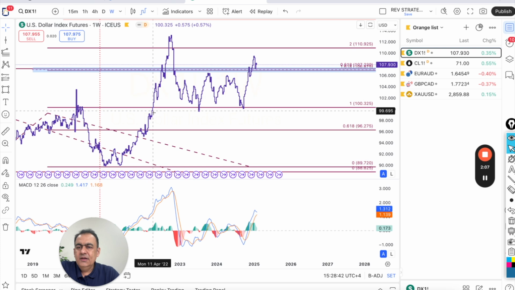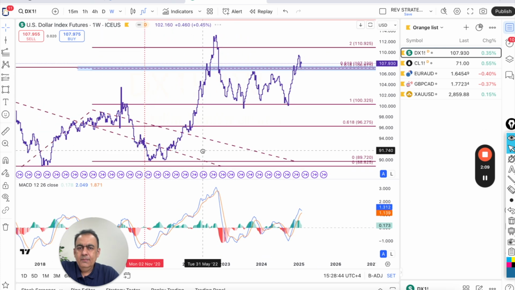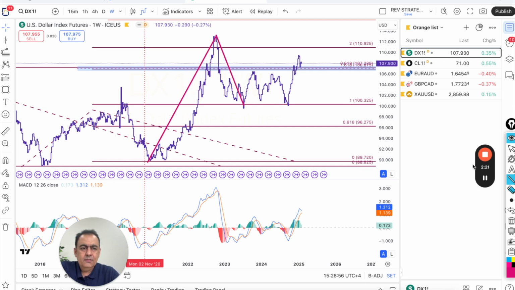Let's move to weekly here, and on the weekly frame I need to start the application of Fib from the vertical line. So I can go and apply one more Fib extension. Let's apply the second one on weekly.